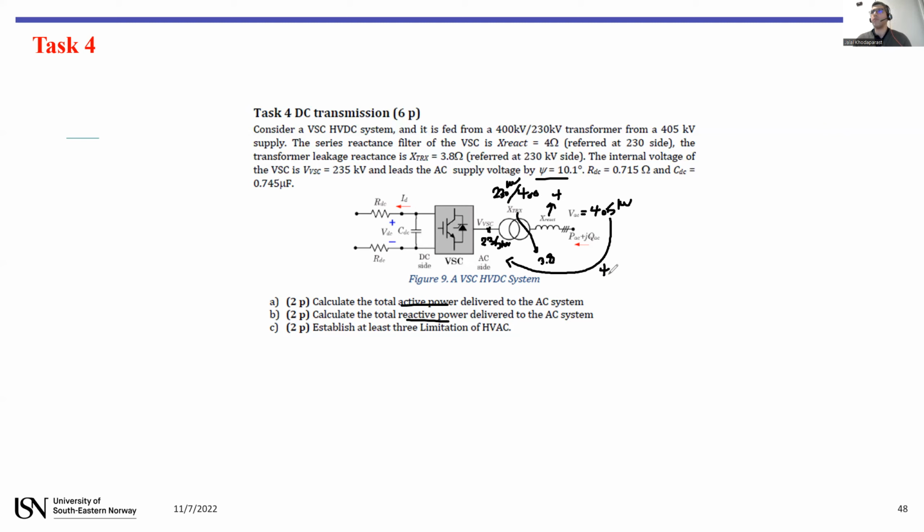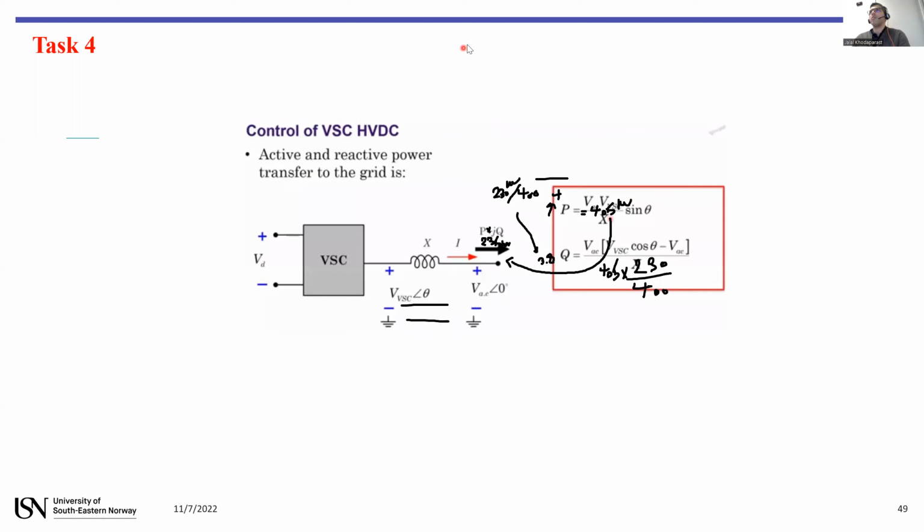It means that you have to convert 405 times 330 over 400. This will be the voltage here.